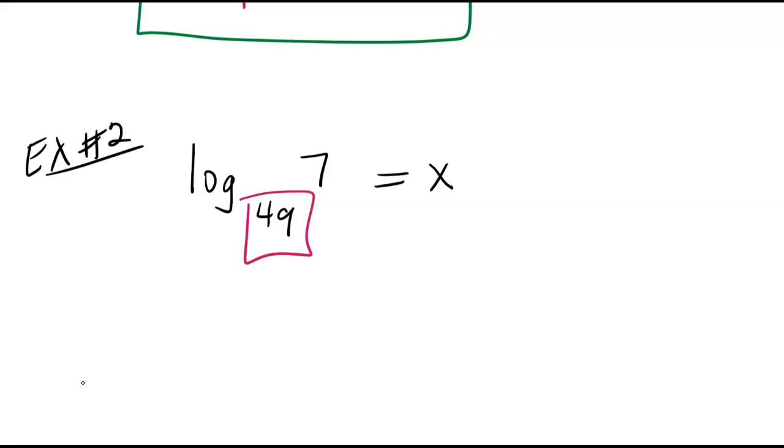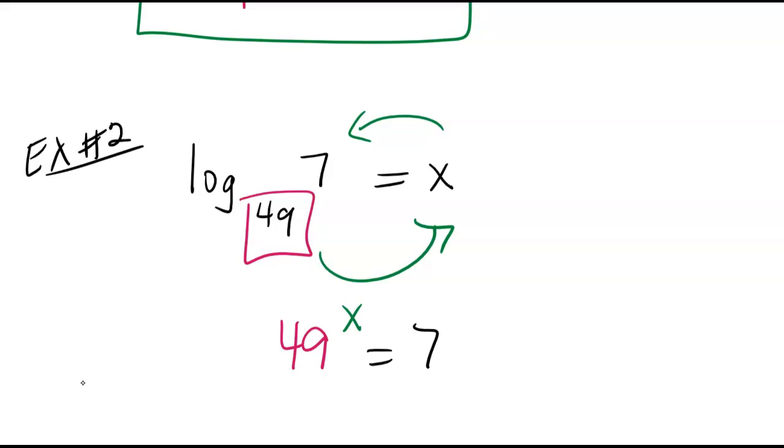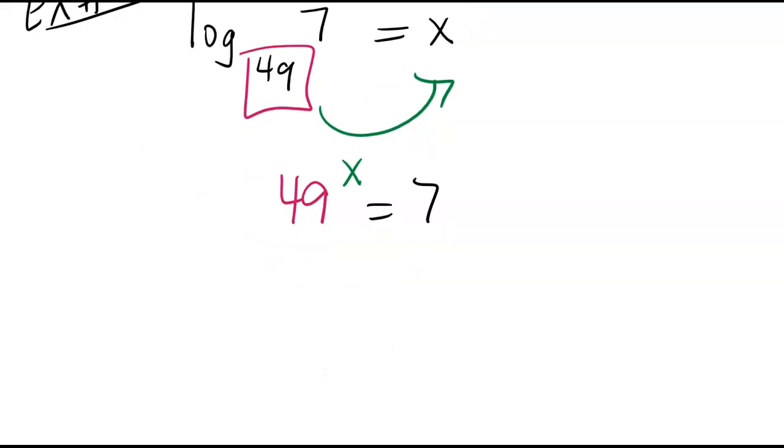The base is 49. So 49 is going to be our base. Go around the world. So 49 raised to a power of x. Put your equal sign and then come back around the world and it equals 7. So 49 raised to some unknown power will give us 7.